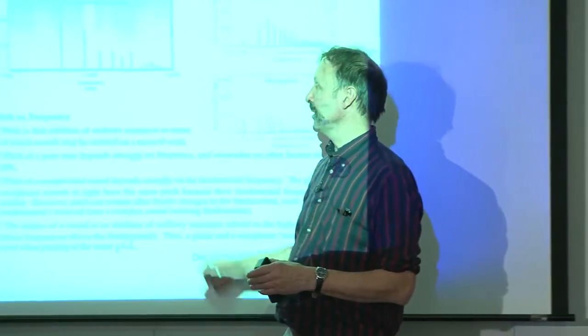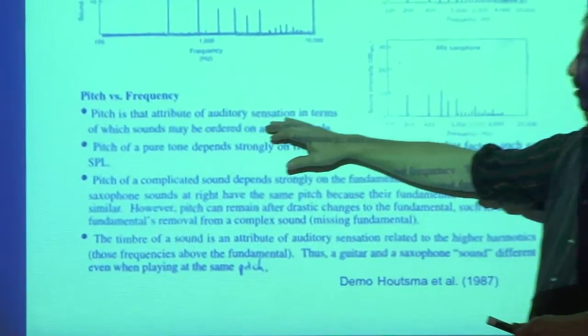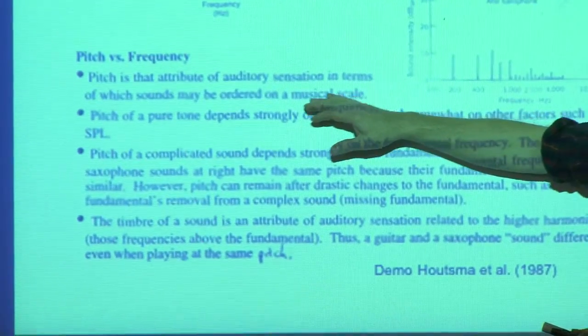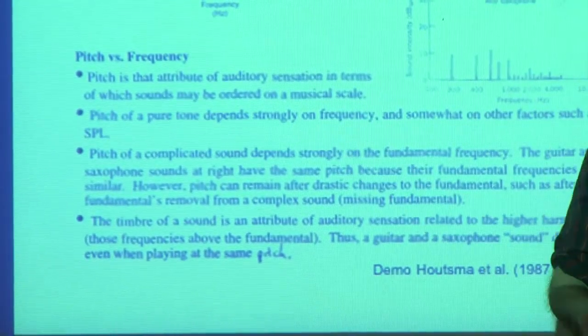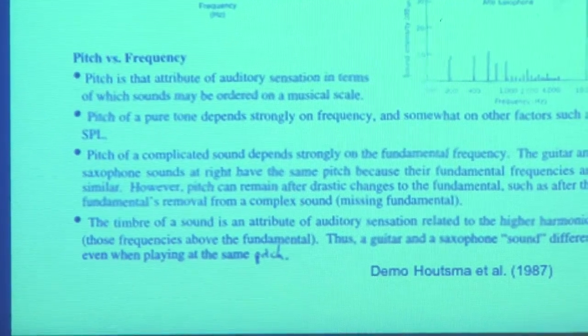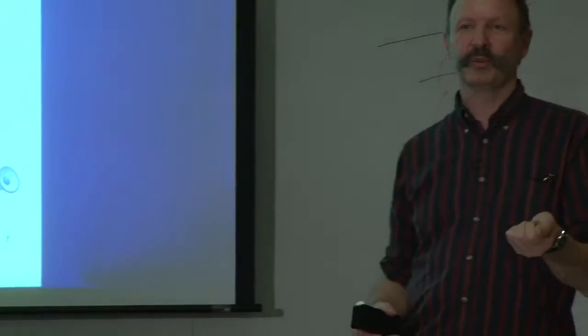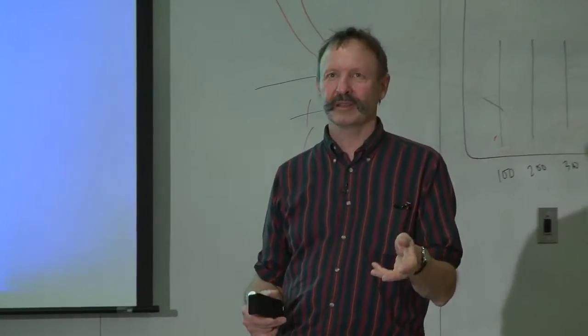Now, defined in the psychophysics textbook, pitch is that attribute of auditory sensation in terms of which sounds may be ordered on a musical scale. So this one's low, this one's middle, and this one's high. And so when cochlear implant users are programmed first, they take this electrode and they stimulate it, and the user says, yeah, that sounds like a low one.